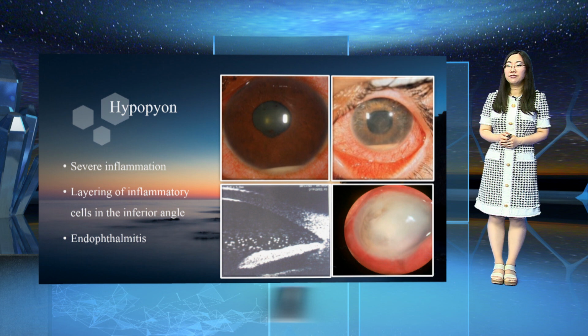Particularly severe anterior chamber inflammation may result in layering of inflammatory cells in the inferior angle, which is hypopyon.